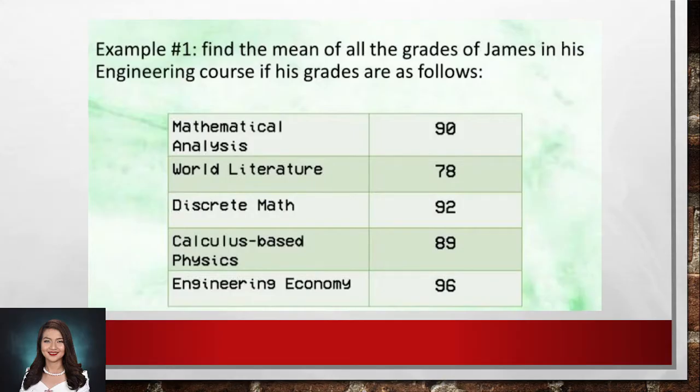For example, we're going to find the mean of all the grades of James in his engineering course if his grades are as follows. In mathematical analysis, he got 90, in world literature 78, discrete math 92, calculus-based physics 89, engineering economy 96.